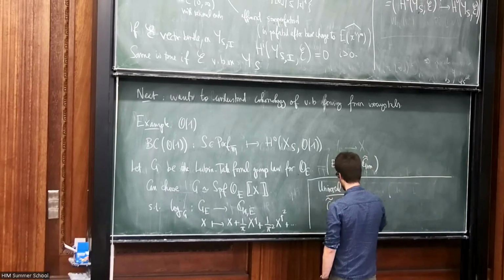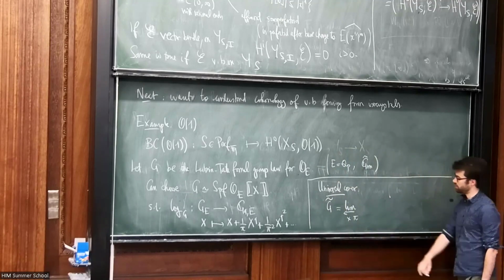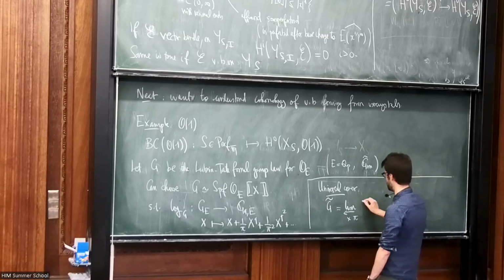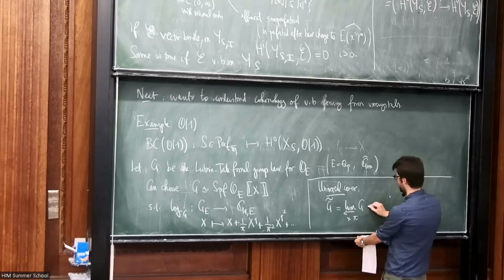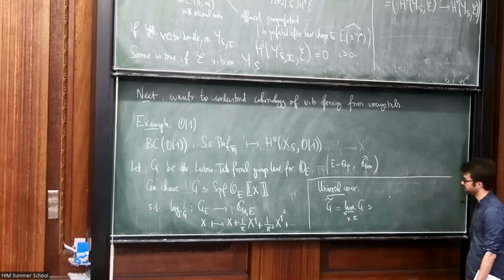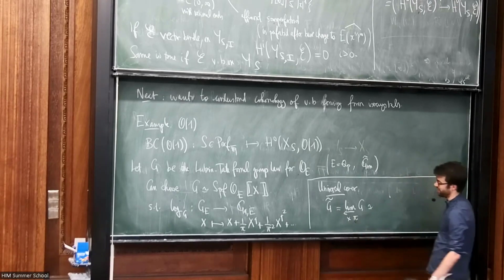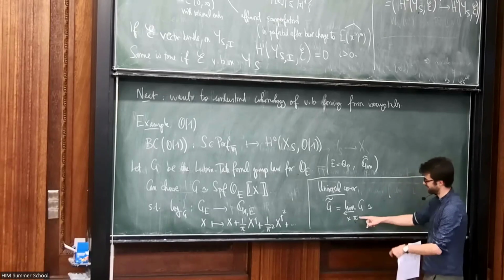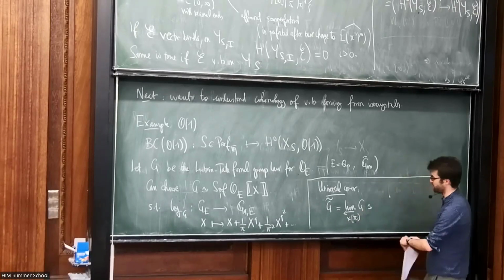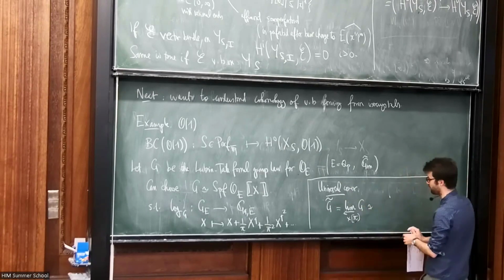So G tilde will be by definition the inverse limit over multiplication by pi, which is an element of OE, of G. And this can be seen basically because if you reduce mod pi, the action of this element pi is given by x to the q by definition of a Lubin-Tate formal group law.